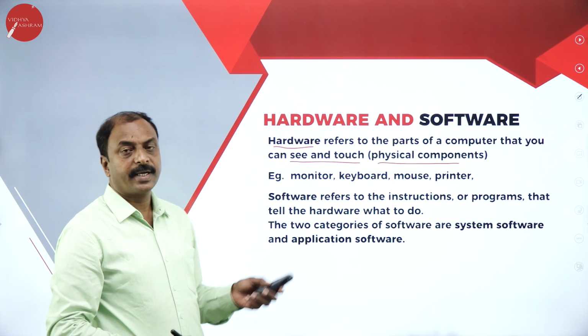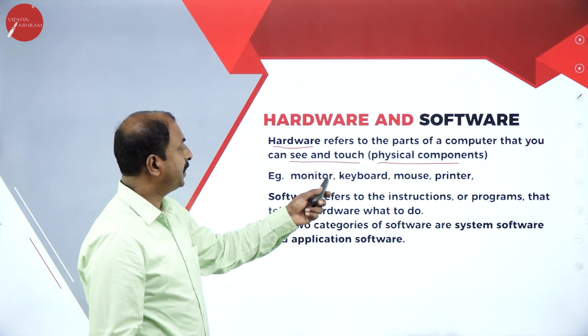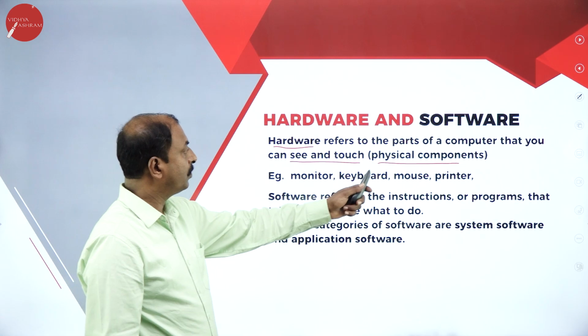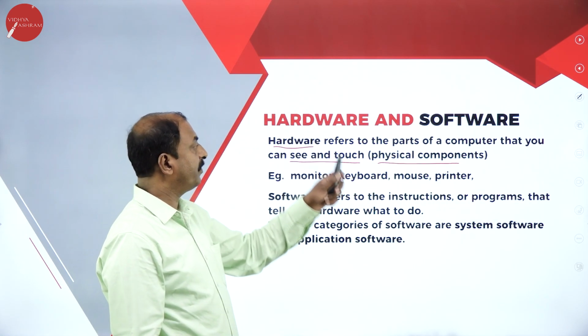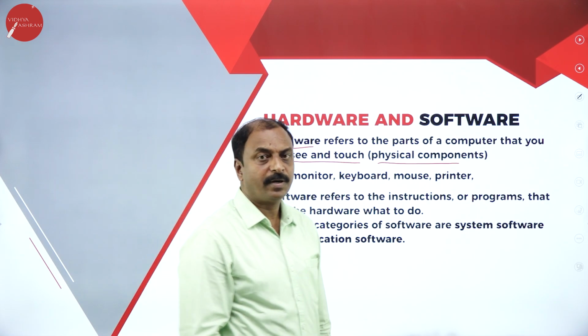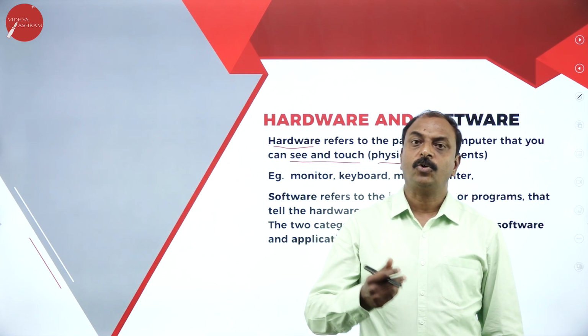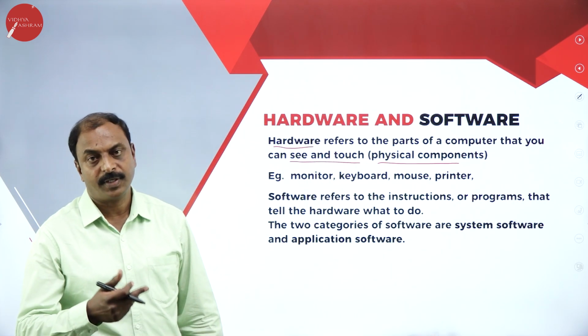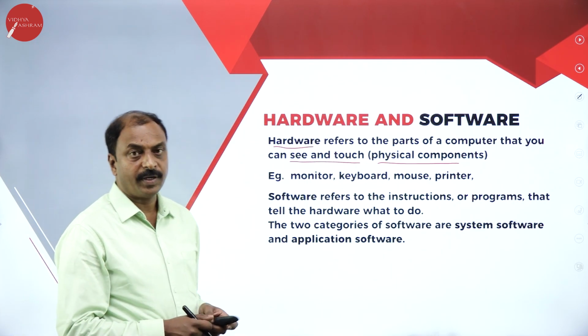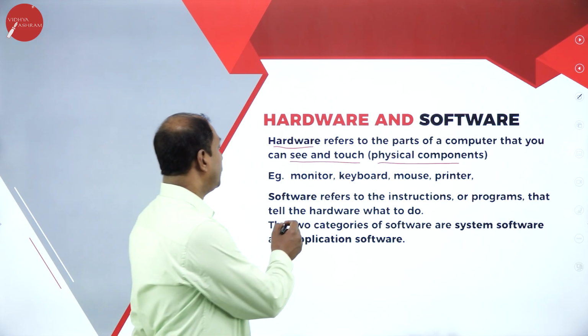For example, monitor is hardware, keyboard, mouse, printer, etc. All these are examples of hardware. So hardware is nothing but the physical component of a computer which we can see, feel or touch. That is hardware. Next definition is software.